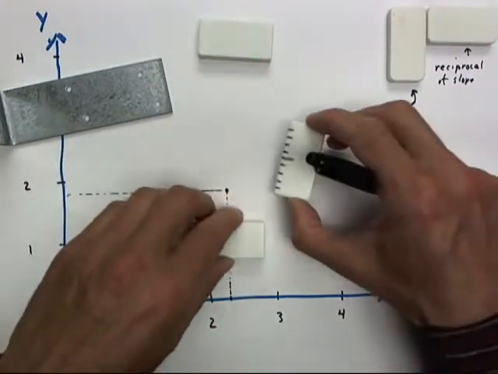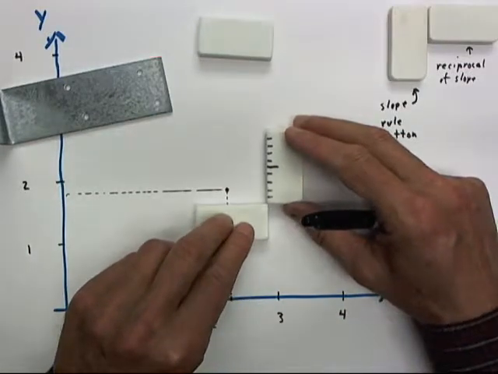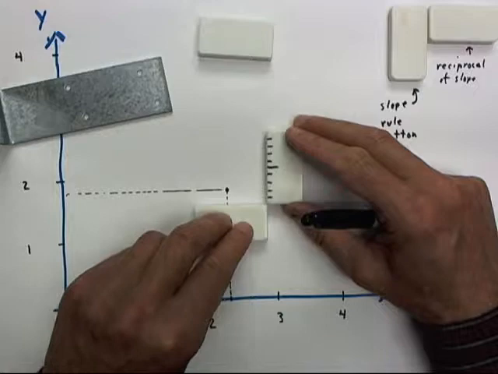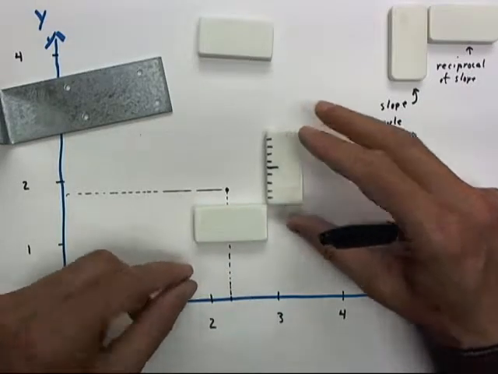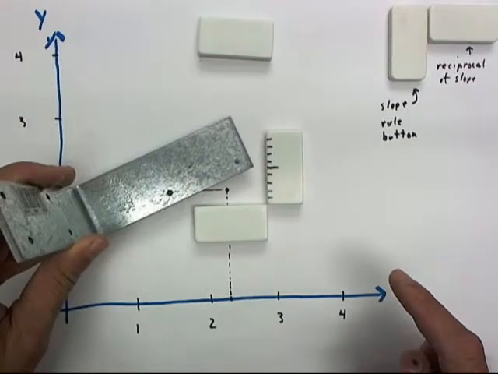So I'm going to use my slope construction blocks here. Again, a couple of dominoes. I'm going to put these together, one parallel to the t-axis, one parallel to the y-axis.